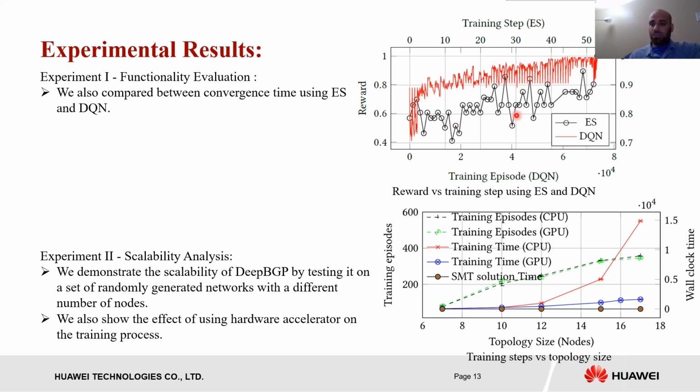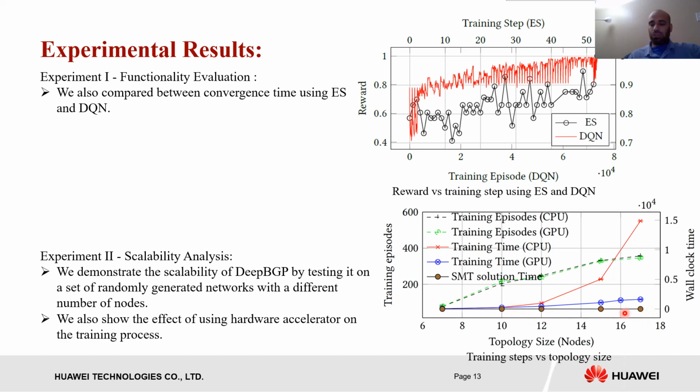As we can see here, ES evolved faster than the deep Q network: the evolution strategy takes about 60 epochs, whereas the deep QN took about 70,000 training epochs.